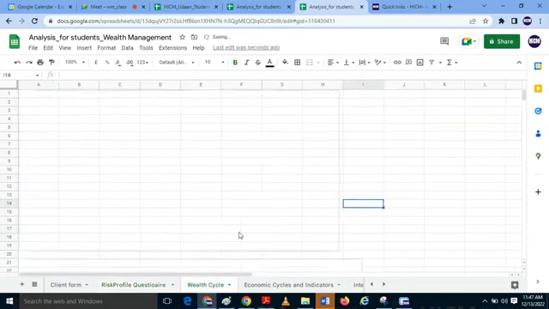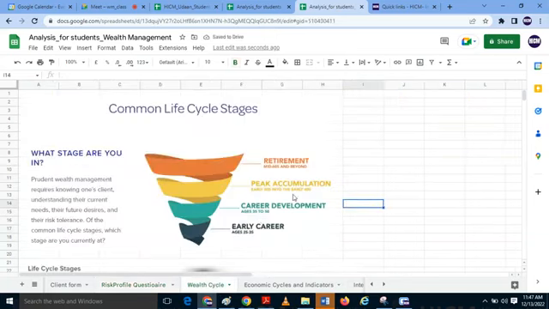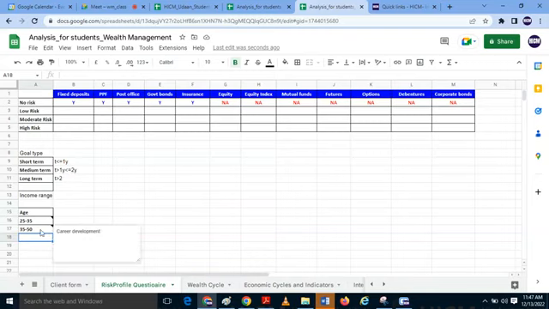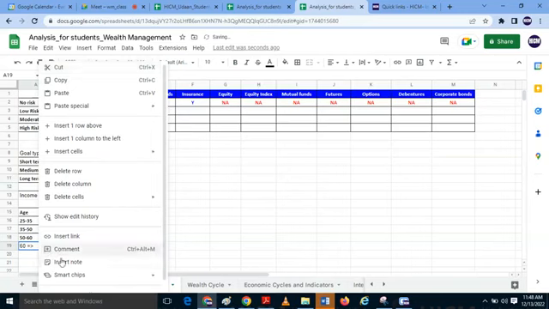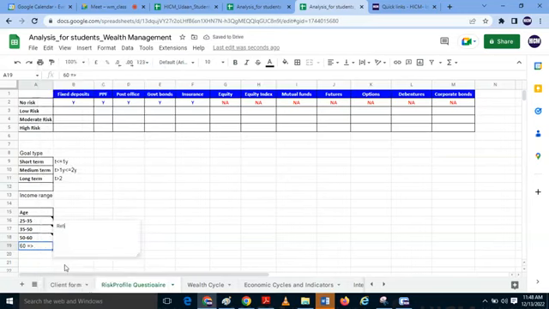Now what it is telling over here: peak accumulation, early 50s into the early 60s. Okay, peak accumulation, 50 to 60, I can say. And then 60 or greater, it will be retirement age.